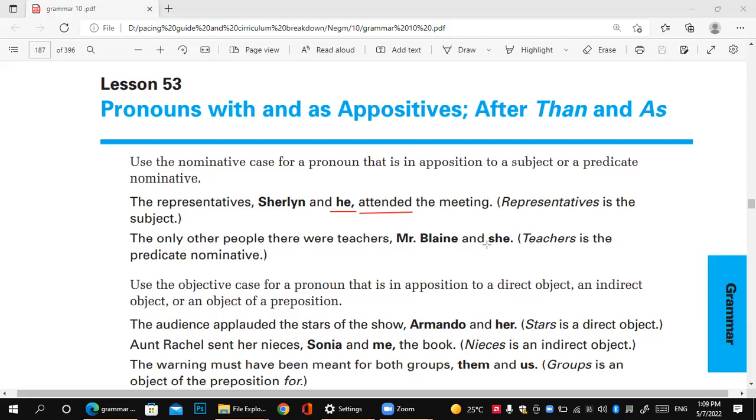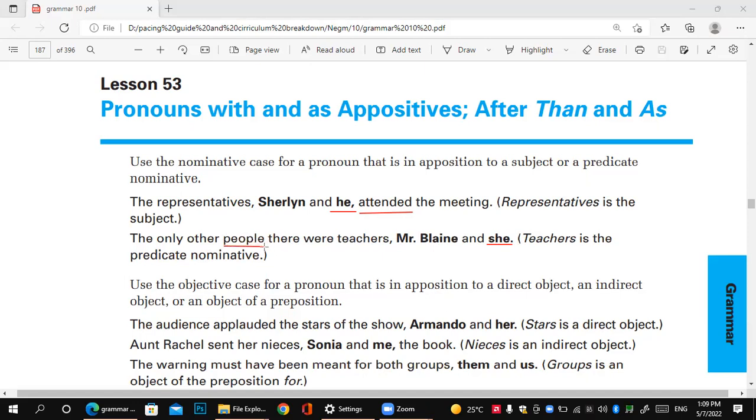Why "she"? Because "she" is the identification for the people, for the subject, and "teachers" is the predicate nominative in "were teachers". The other people were teachers, the same persons.